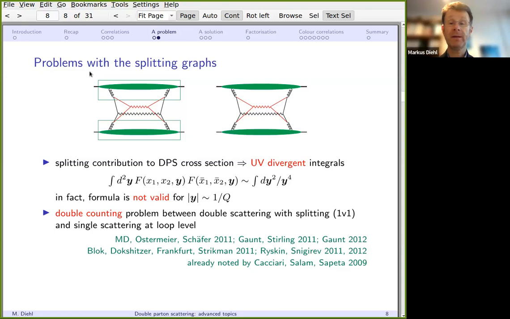And if that size becomes of the same order as the distance between these 2 partons, then it makes no sense to factorize this process into 2 hard scatters and 4 splittings, because all these things take place in the same physical area, and the proper description is with this box graph here. If, however, y is much smaller than 1 over Q, then this here is the correct description.